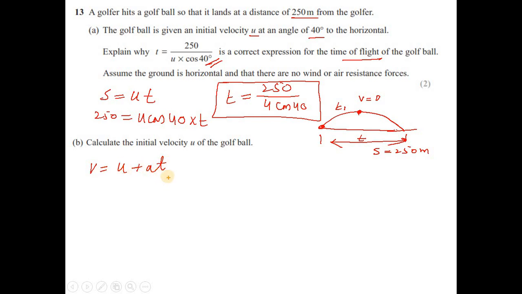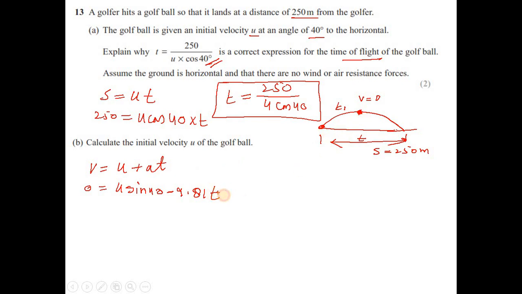For vertical motion, v is the vertical velocity at that point, which is 0, and u is not the initial velocity, this is the initial vertical velocity, which for this given condition is u sine 40, minus 9.81, because I'm going to take acceleration as minus 9.81, and t is the time to reach maximum height.